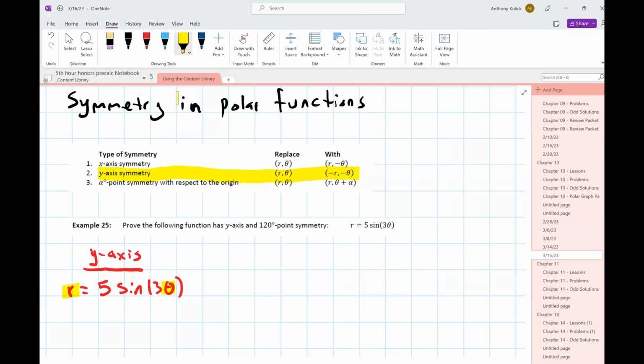My r and theta are going to become negative r, and theta is going to become negative theta. And now I want to try to simplify this equation down so that I end up with what I started with.